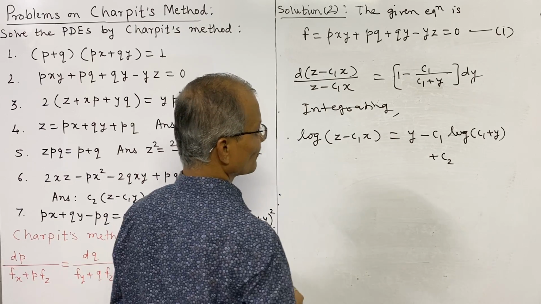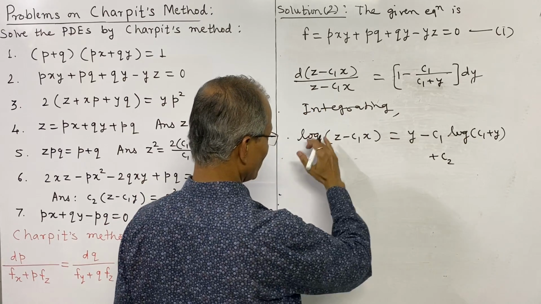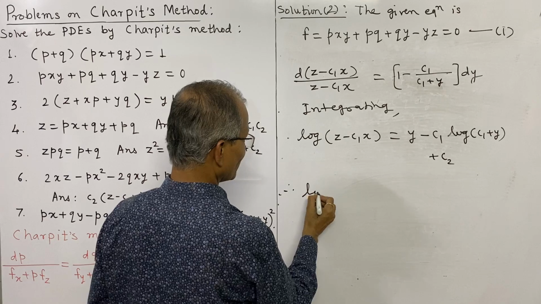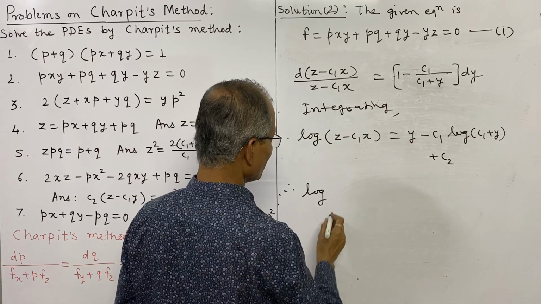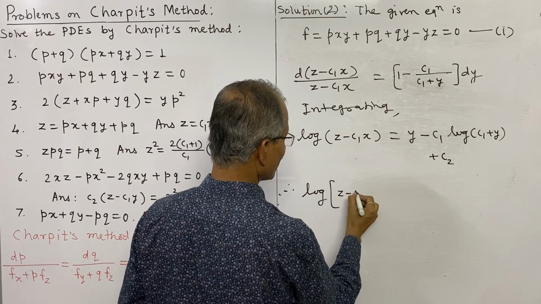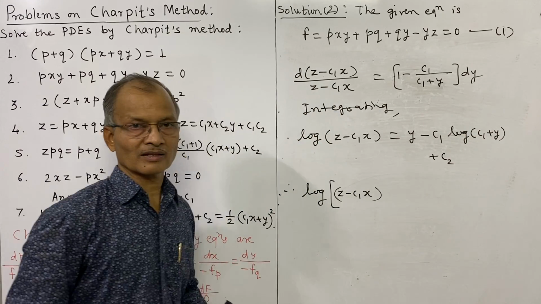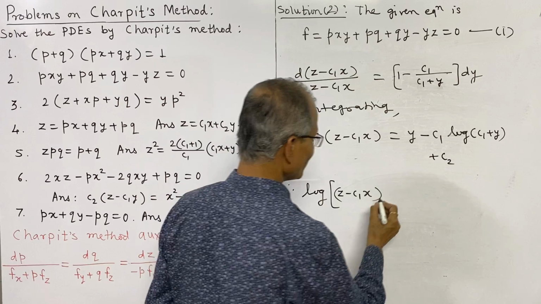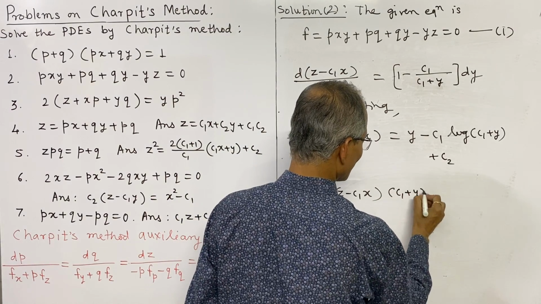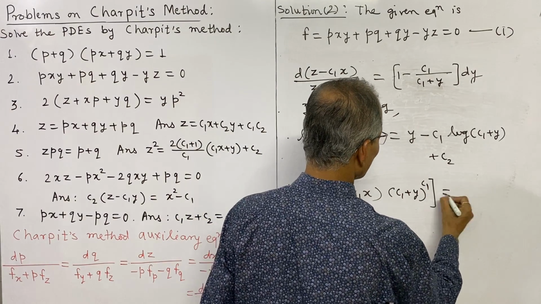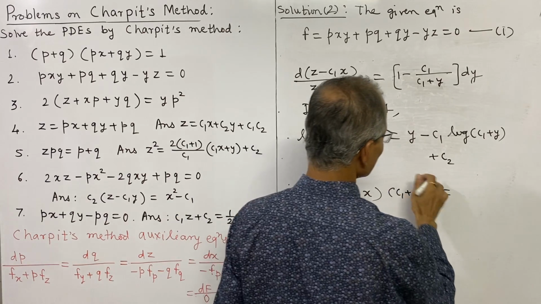But if you want to simplify, shift this log on left side, and that can be written as log of, this will be positive, log of z minus c1x, and this c1 is to be shifted at the exponent, so c1 plus y to the power c1, and is equal to what is remaining on the right side, y plus c2.